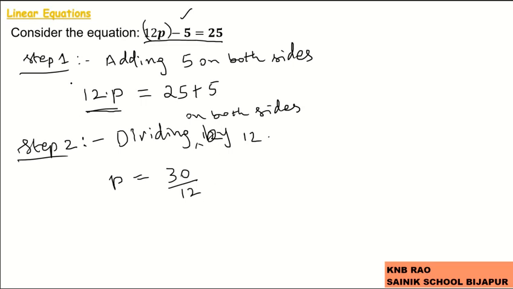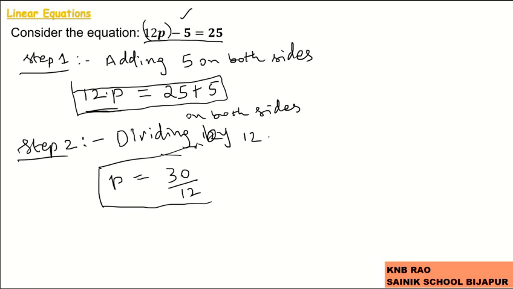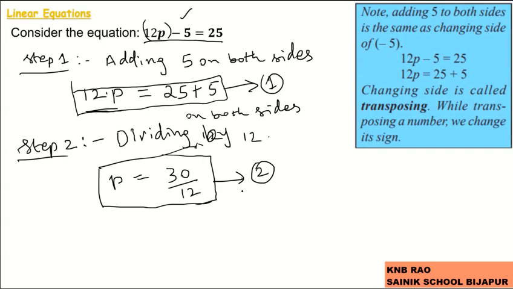Students, try to observe this step 1 result and step 2 result. Here we are going to discuss another short technique of solving equations. What do you call that short technique? Let me show you an animation.